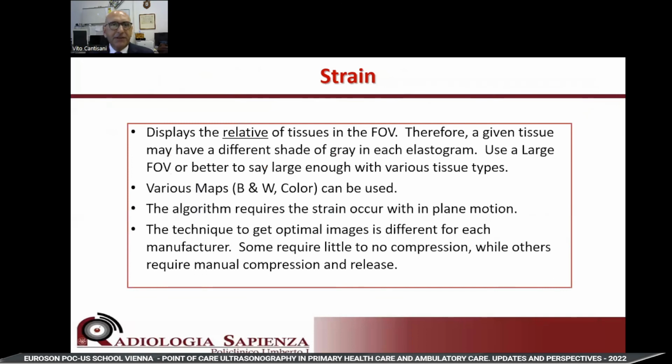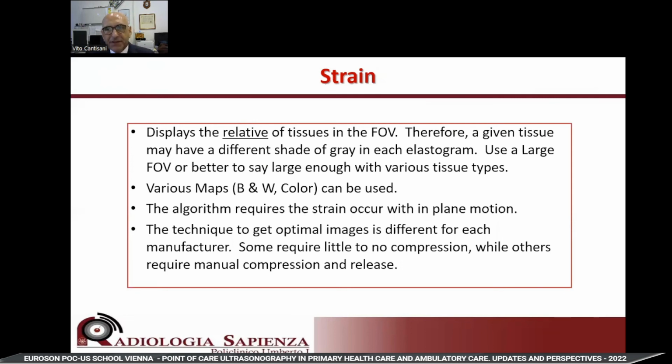What is important is that you have a display that shows a relative representation of the tissue in a field of view. Therefore, it can have different shades of gray or different colors, according to the equipment that you're using.